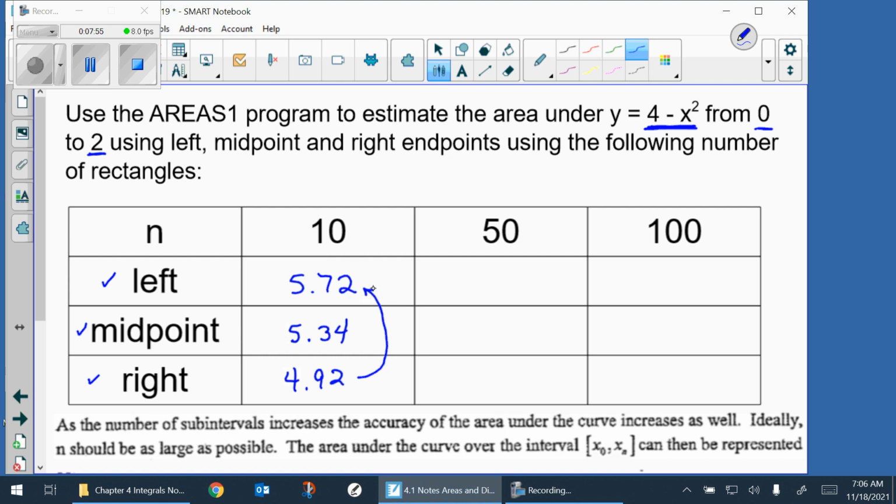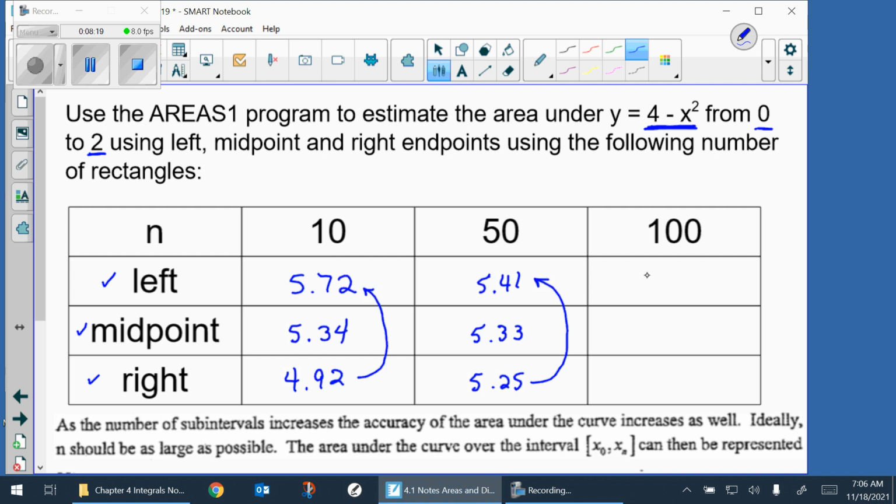Can I narrow it down more? Have my calculator make 50 rectangles. Well, now I see that my area is somewhere between 5.2-ish and 5.4-ish.